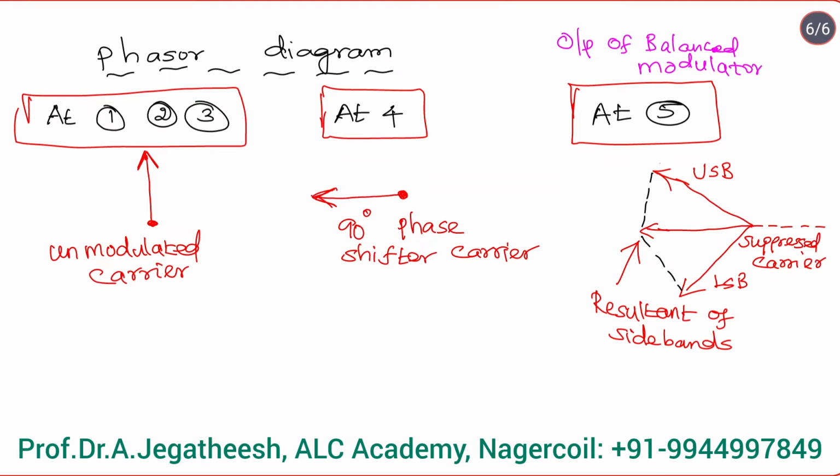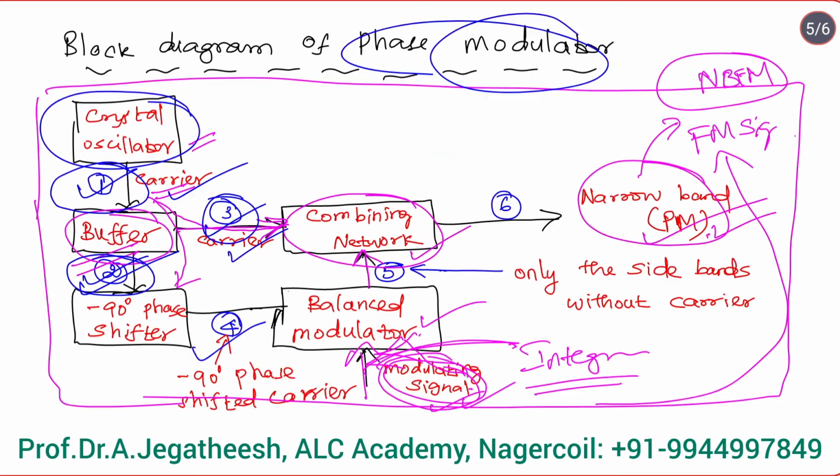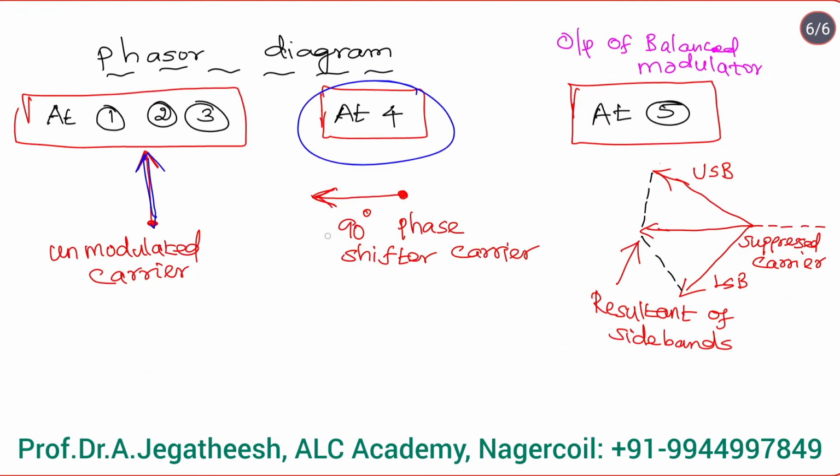We will represent it as a vertical line. At point 4, we have the minus 90 degree phase shifted carrier, which can be represented in a phasor diagram. That is the minus 90 degree shifted carrier.